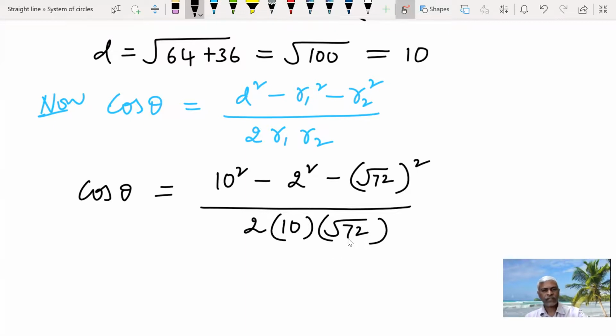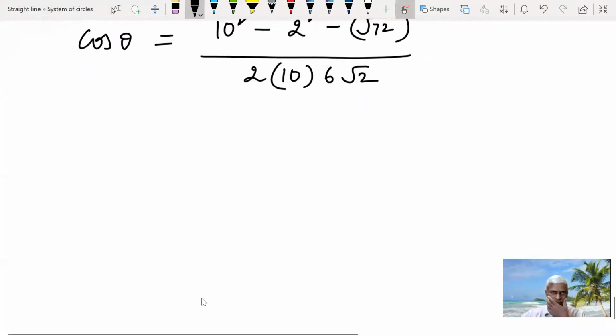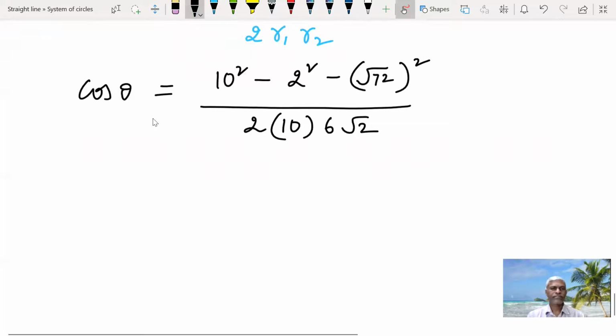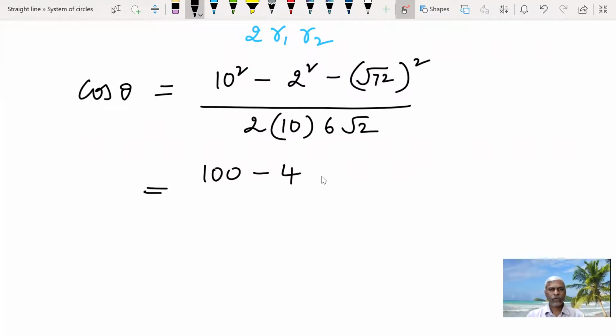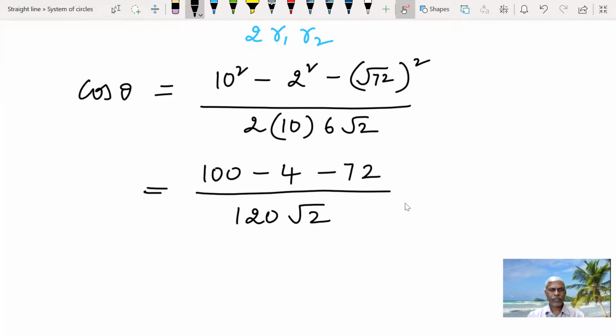Root 72 can be written as 6 root 2. 10 square is 100, 2 square is 4, so root will get cancelled. This is 72 by 2 into 6, 12 into 10, 120 root 2.